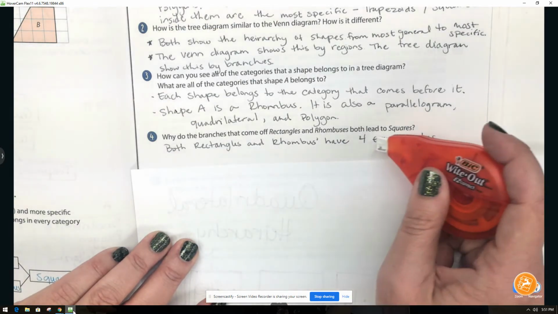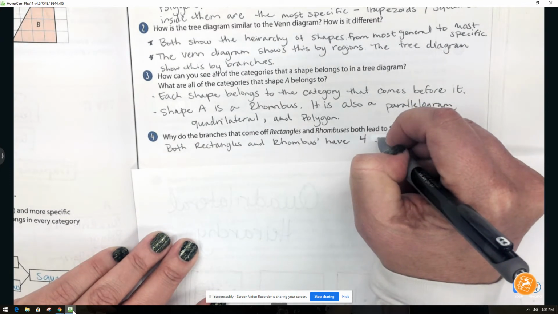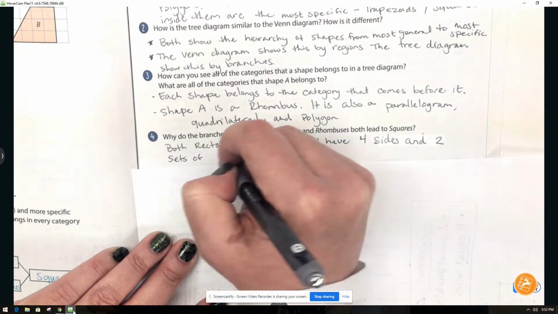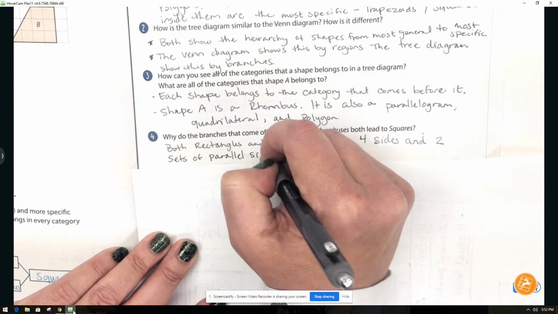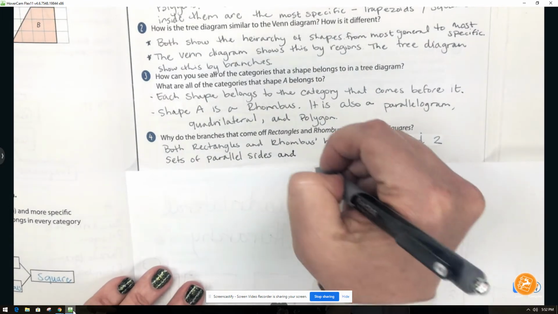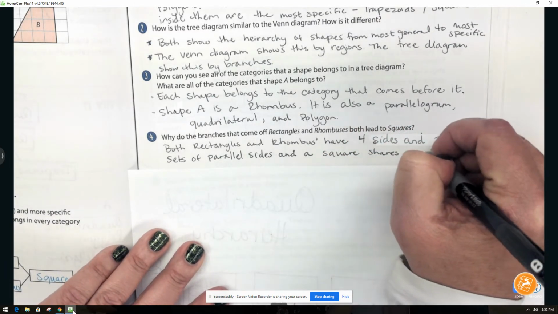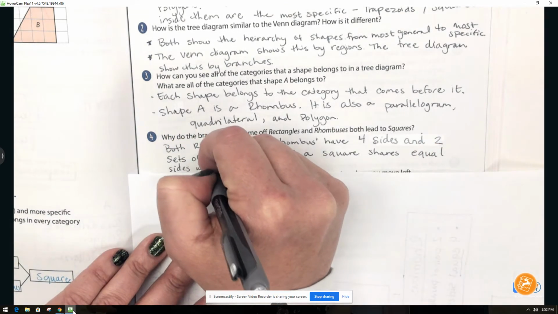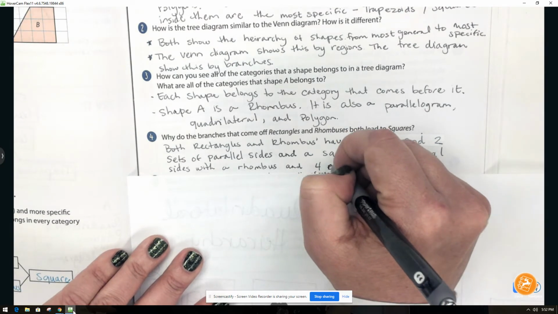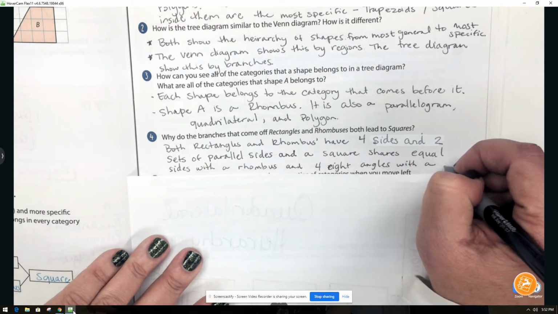Both rectangles and rhombuses have four sides and two sets of parallel sides, and a square shares equal sides with a rhombus and four right angles with a rectangle.